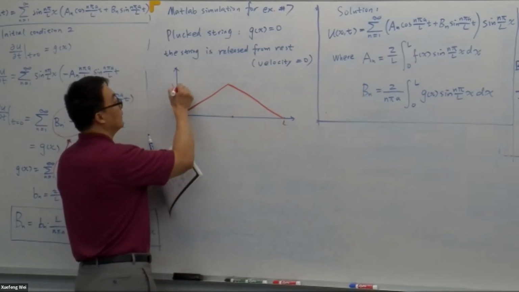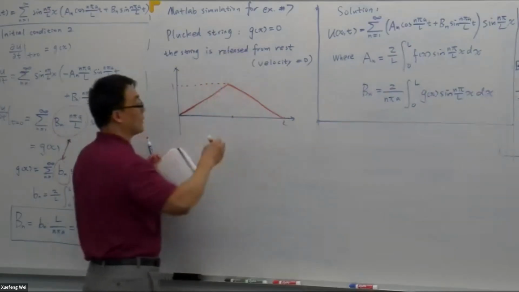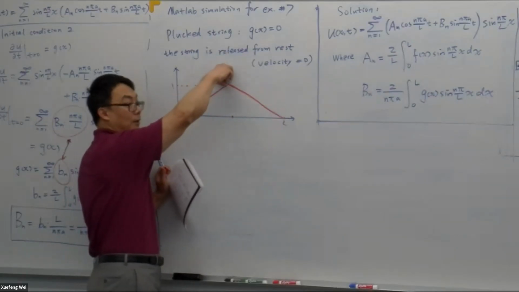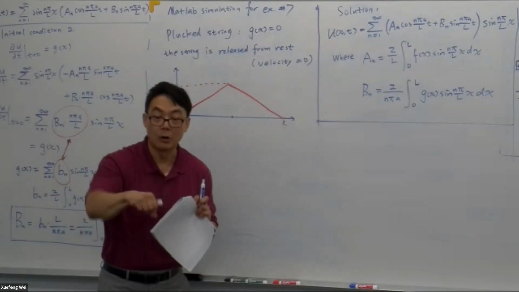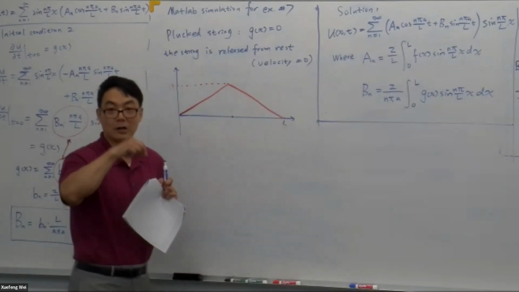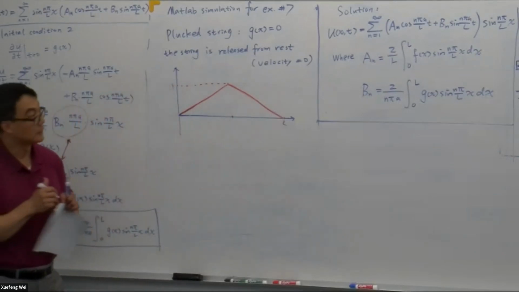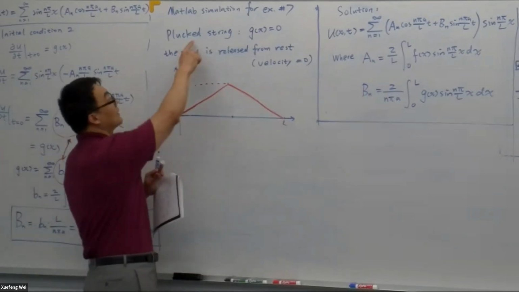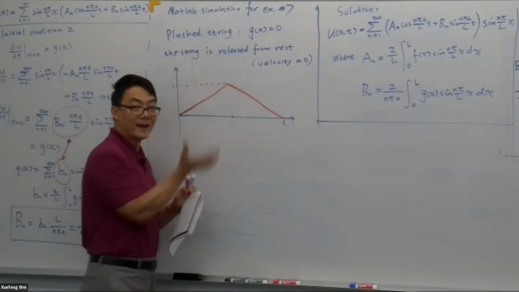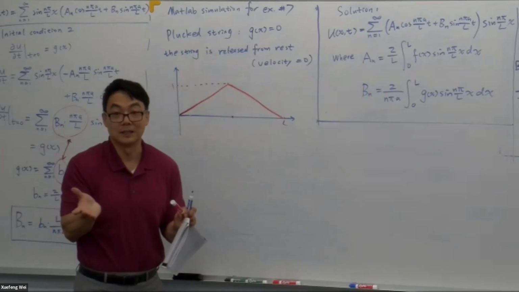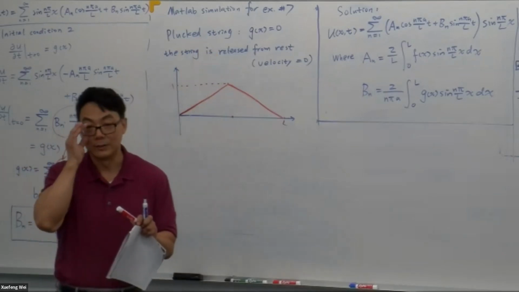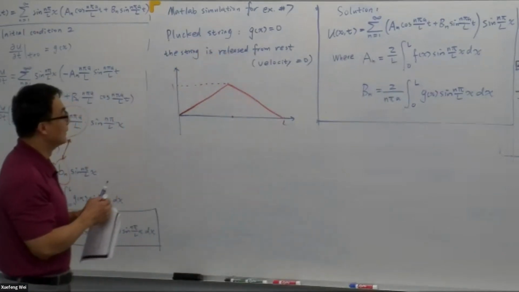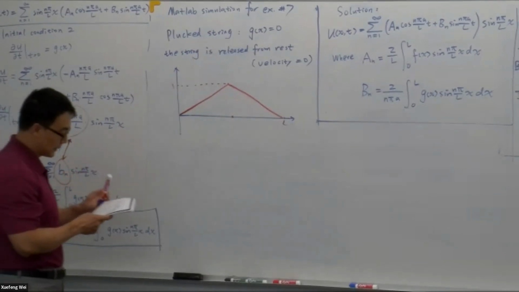This is 1 here. You not just pick it up, you hold it, and at t equals 0 you release it. That makes a plucked string, because when you hold it, it already has an initial velocity of 0. Then you release it.